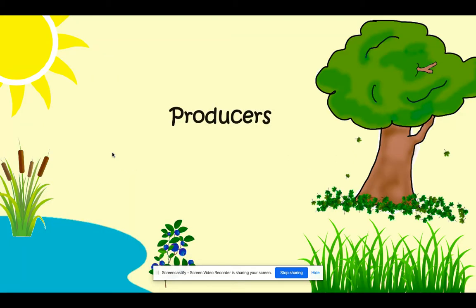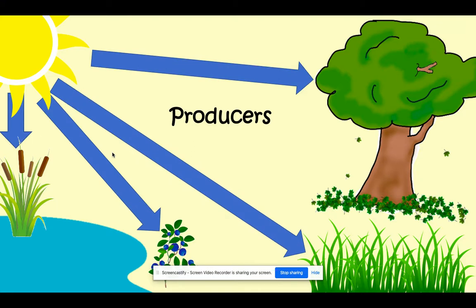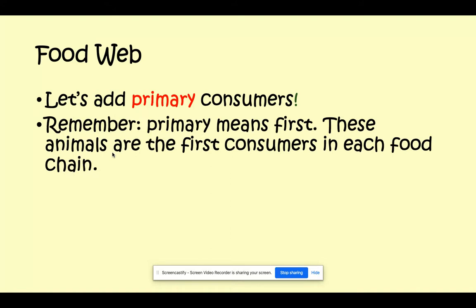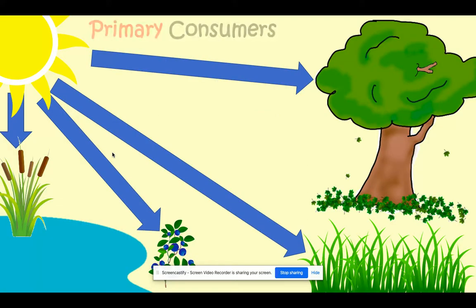Okay. So remember, sunlight gives energy to those producers. In a food web, if we add primary consumers, which is a synonym for the first consumer, these animals are the first consumers found in every food chain.